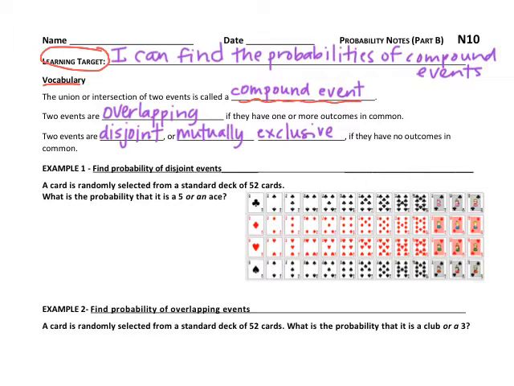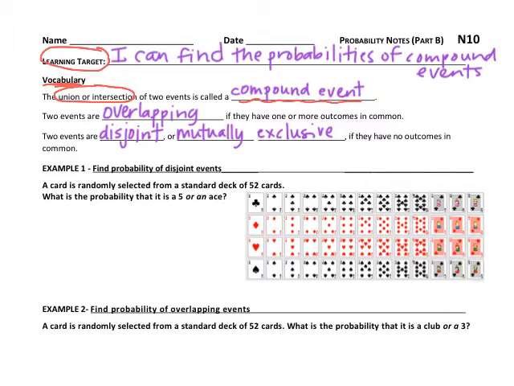So remember, an event is an outcome, something that could take place when we're doing some kind of experiment or probability problem. An intersection, or the word union, generally you can just think of it as something that crosses over or crosses with another event, and there is some point of similarity.